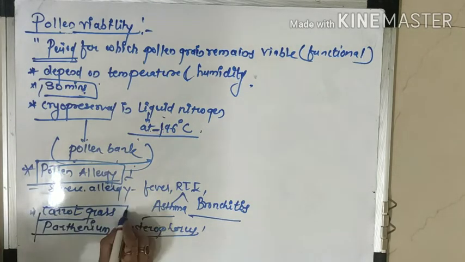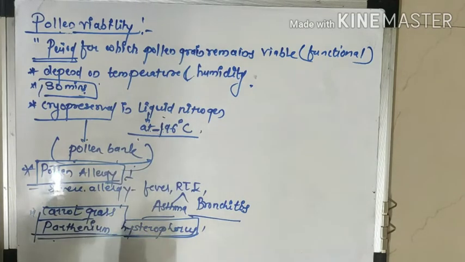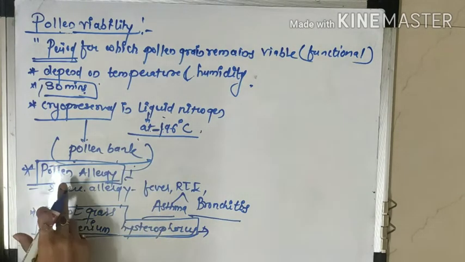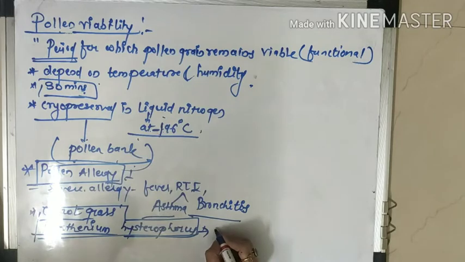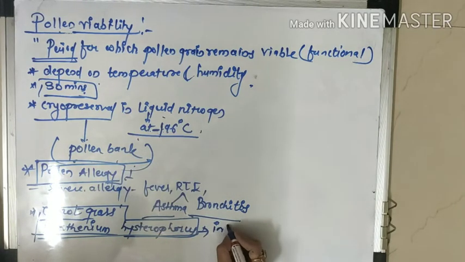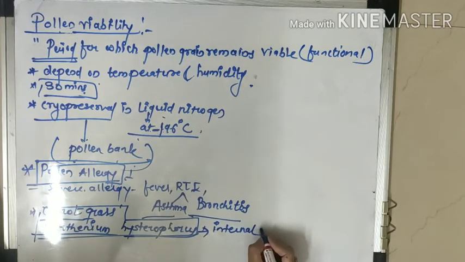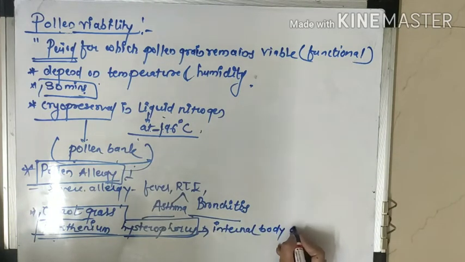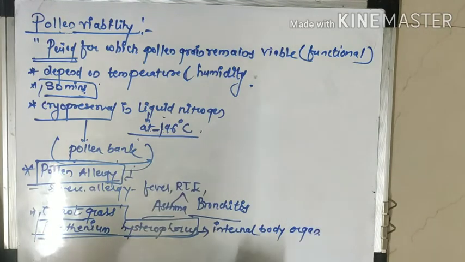This is the major source of pollen allergy. It also causes harm to internal body organs. Not only is it responsible for pollen allergy, but it causes very severe, very harmful effects on our internal body organs. And it was introduced in India along with imported wheat.